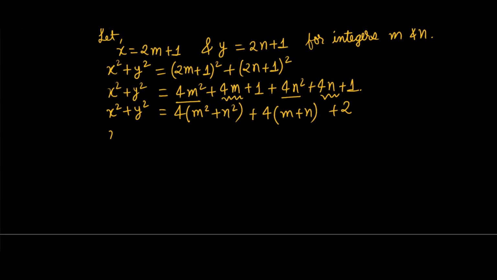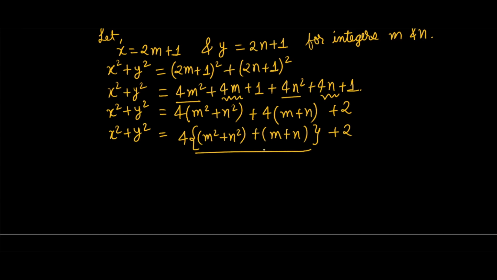So x square plus y square equals 4 common, and we will take multiples (m square plus n square plus m plus n), close the bracket, and plus 2.